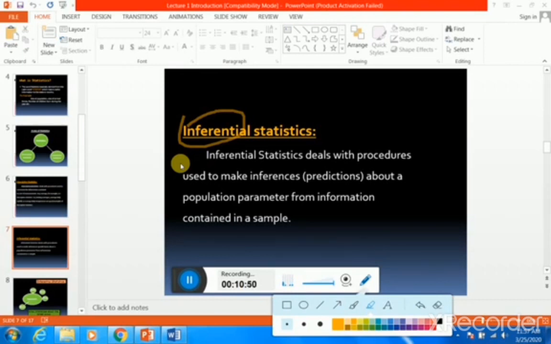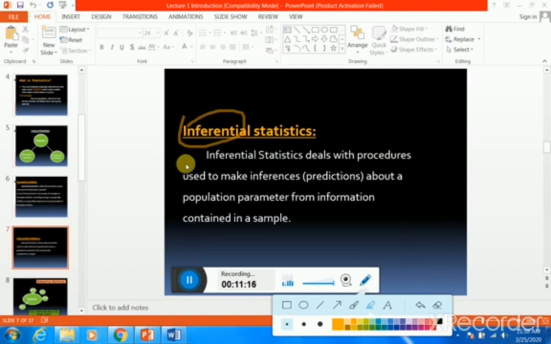That statistics which does analysis for the population data on the basis of the sample study data, or in other words, a statistic where we study the statistic and upon the statistic we make a rough conclusion for the population parameters. Such methodology, such science is known as inferential statistics.